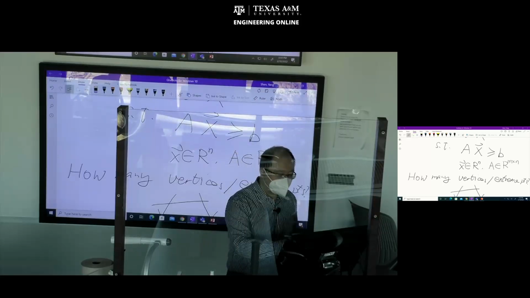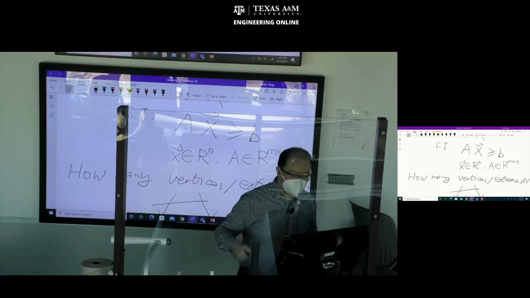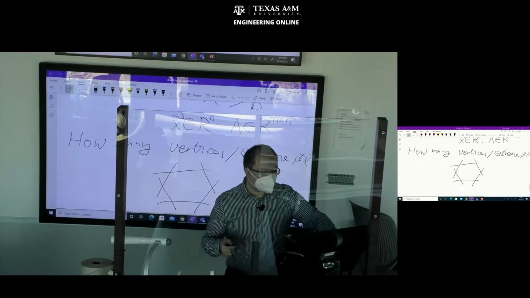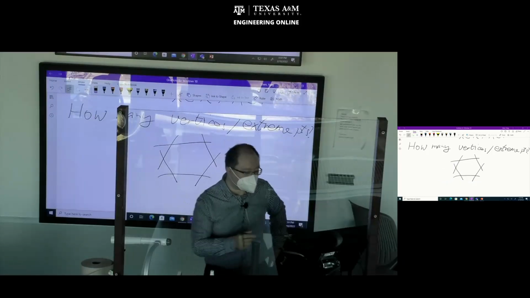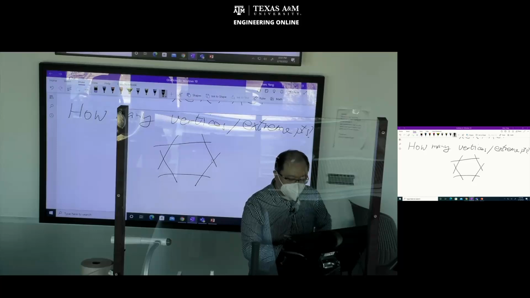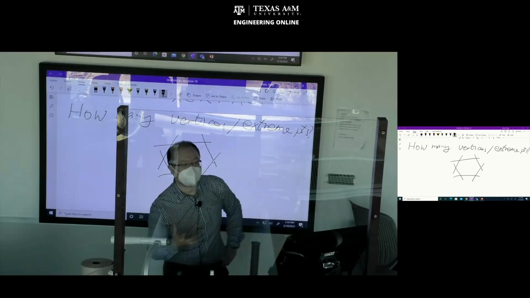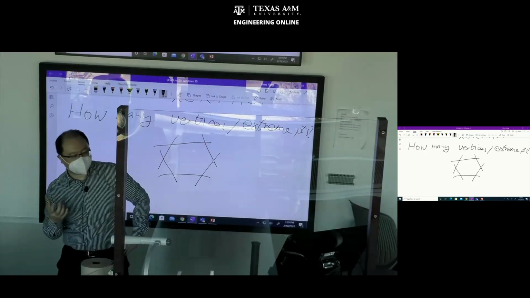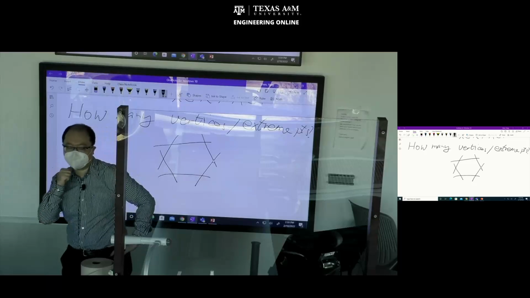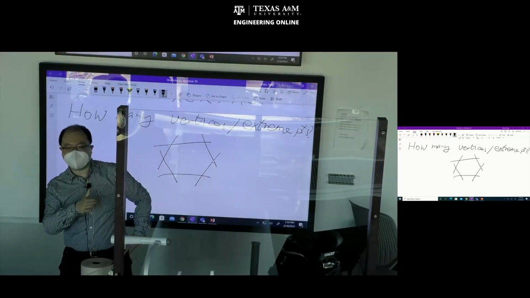Like the i-th inequality constraint happens to be active. So it means equality. So some number of equalities need to be simultaneously held so that we see intersection or vertices. Question is, how many?